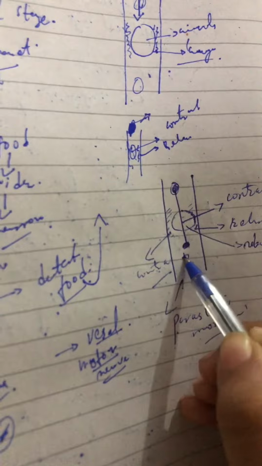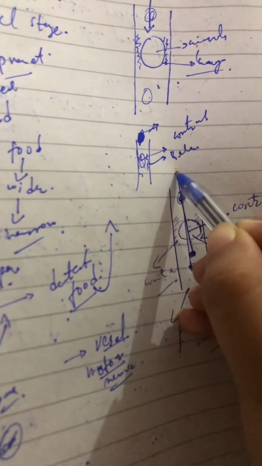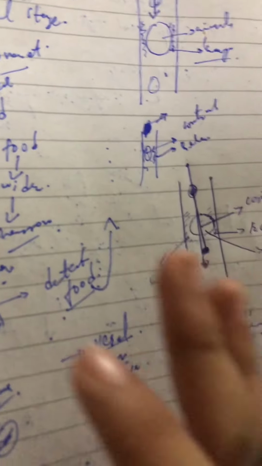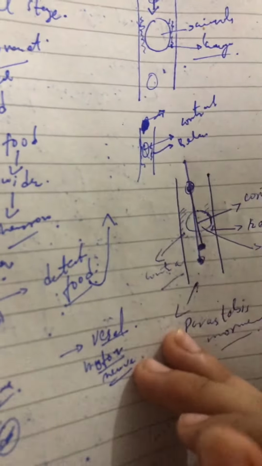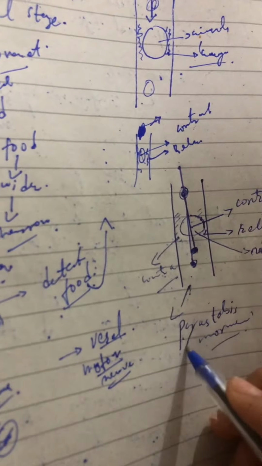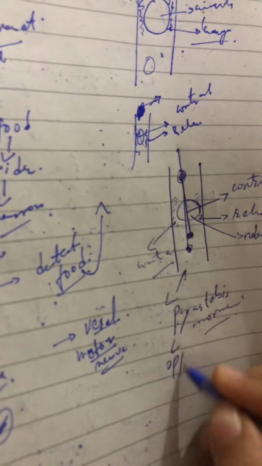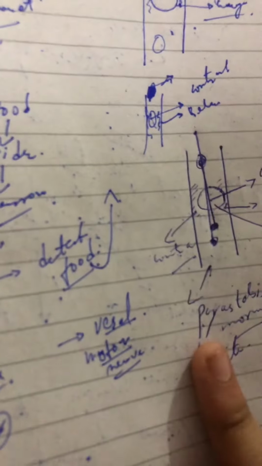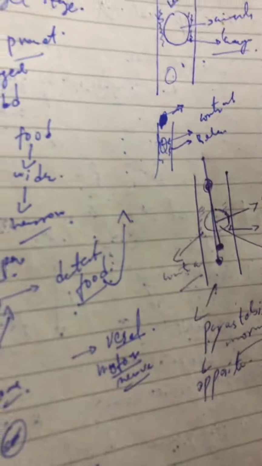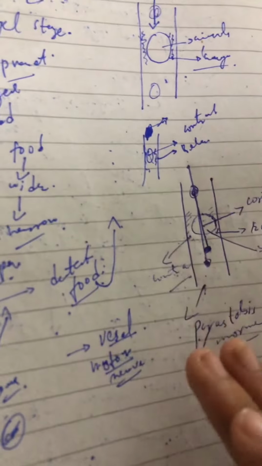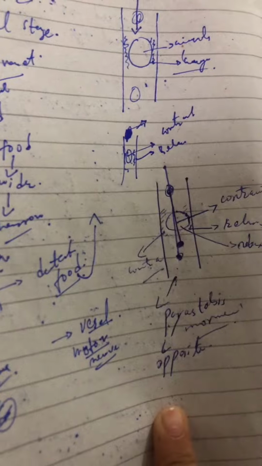So food that is here will move up instead, and we get vomiting. When the peristalsis movement gets opposite, the food will not come down, it will go up, and that is called anti-peristalsis movement. So that was the mechanism of digestion till the esophagus.